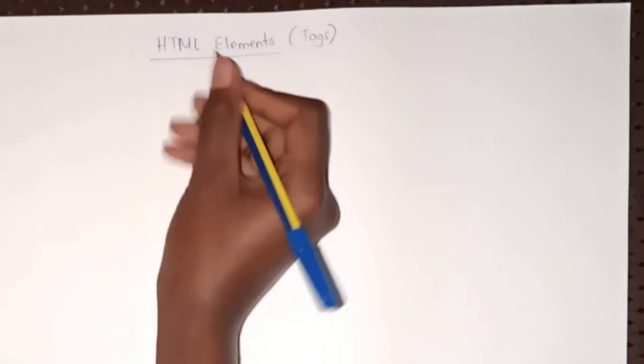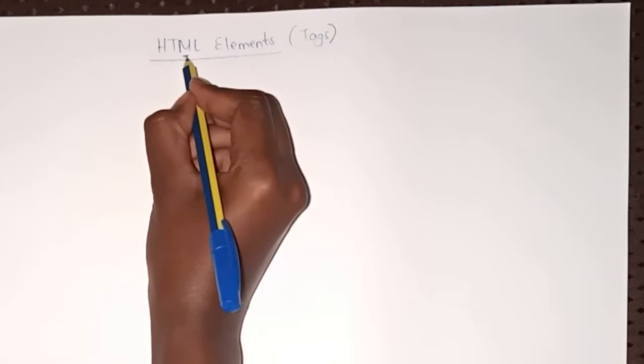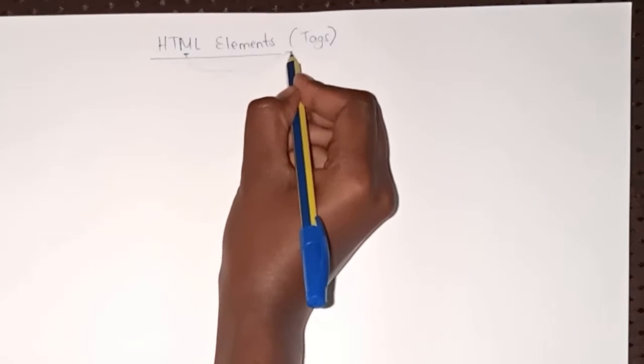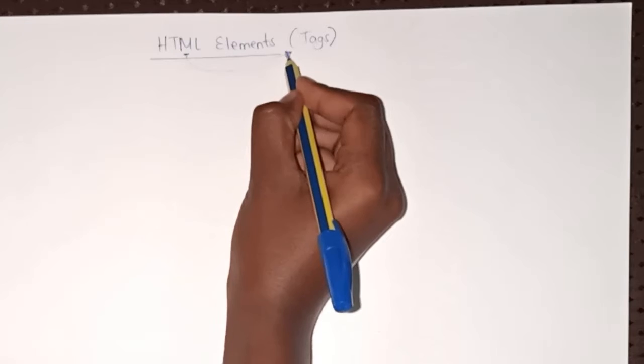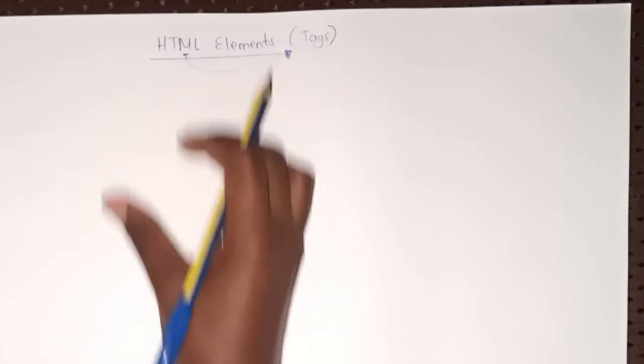So, today we are looking at HTML elements and attributes. When we talk about an element, we're talking about the syntax of this language. We talked about HTML being a markup language, and we stated that a markup language uses tags to show the syntax.